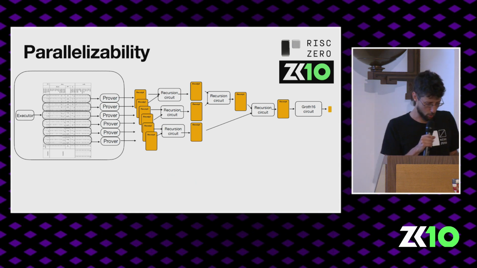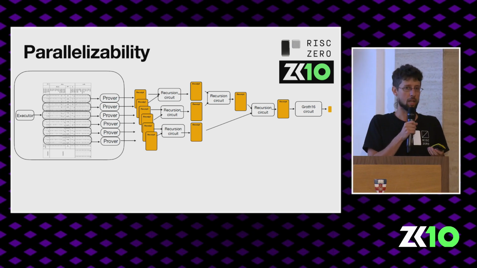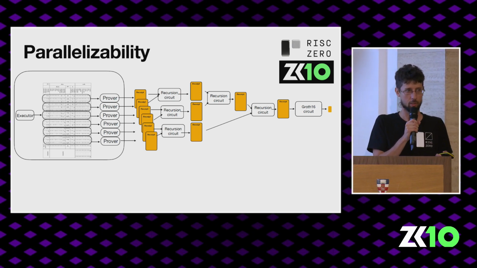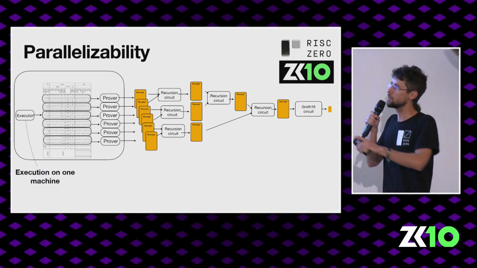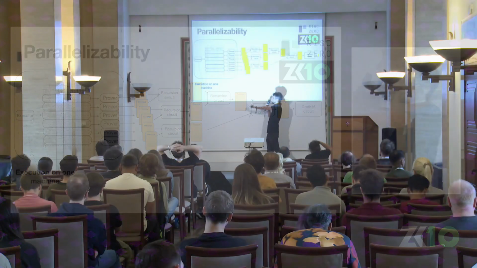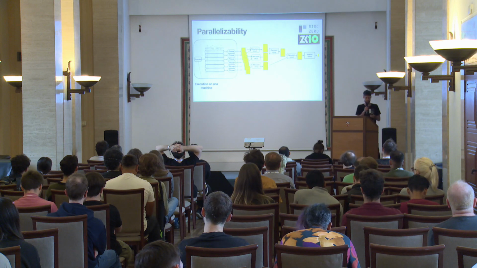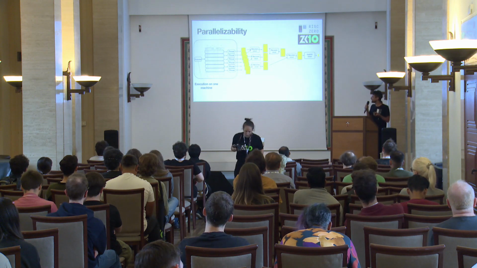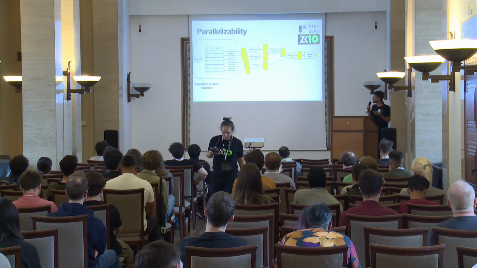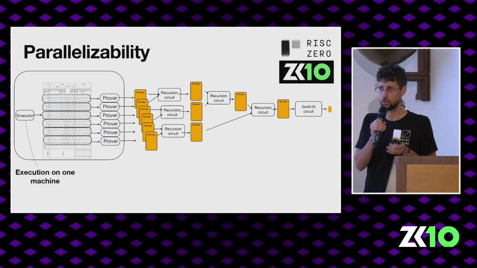Okay, let's get into the more interesting stuff. How well can we parallelize these systems, and how well can we decentralize these systems? This initial production of the execution trace is happening on a single machine. Our current big effort is, can we easily parallelize this initial construction of the execution trace? So far, it's just running on a single machine.